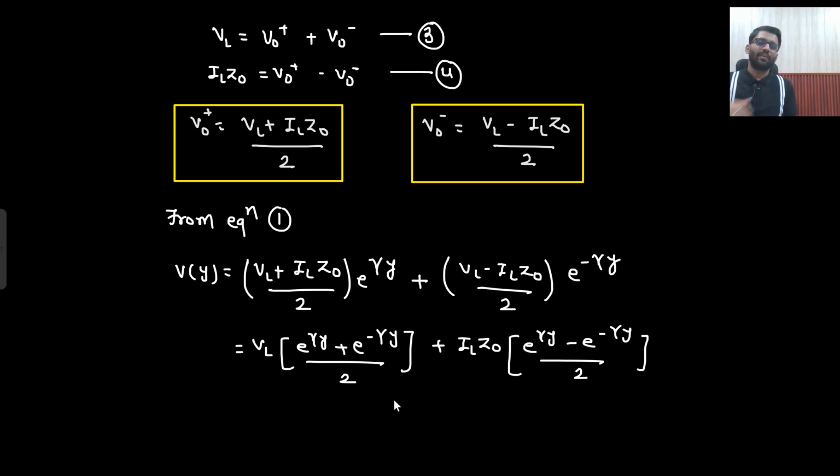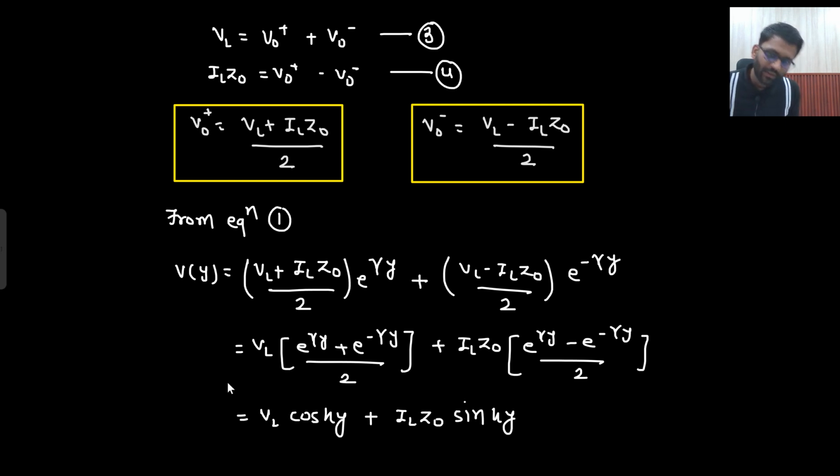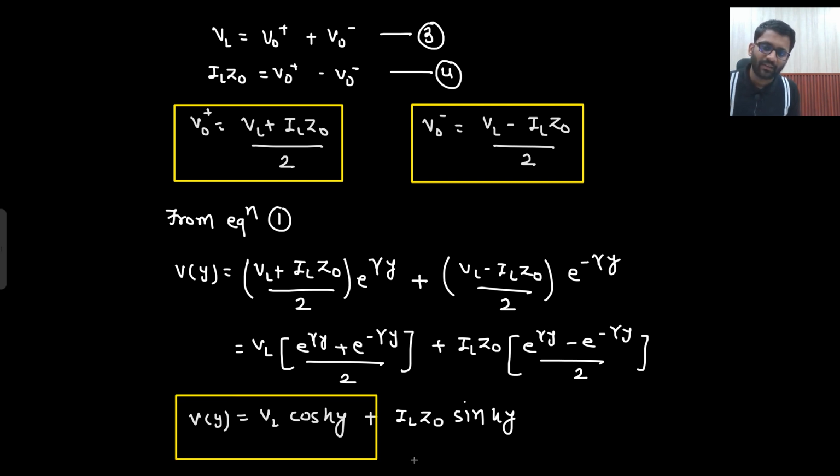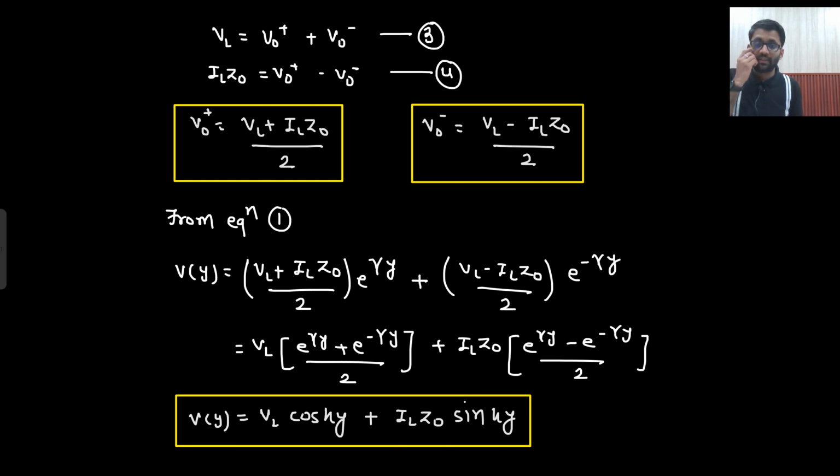This is what you are having. What is the value of this guy? What is the value of this guy? Value of this guy is VL cos hyperbolic gamma y plus IL Z naught sin hyperbolic gamma y. That's it. This is the Vy equation you are getting. Is that clear to you?